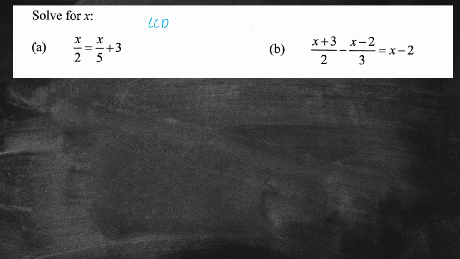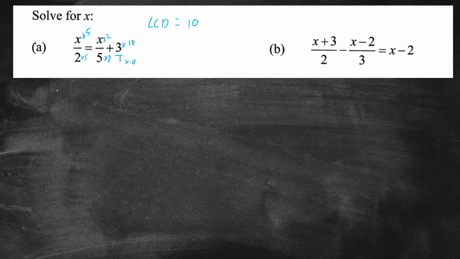We know that it is going to be 10. If I also put this over 1, just to make that a fraction, because we also want to put this over the same denominator, then to make this a 10, I have to multiply by 5. But what I do at the top, I have to do at the bottom to keep it an equivalent fraction. And then we multiply this by 2, top and bottom, and multiply by 10, top and bottom. Okay, so now we've got them over the same denominator.